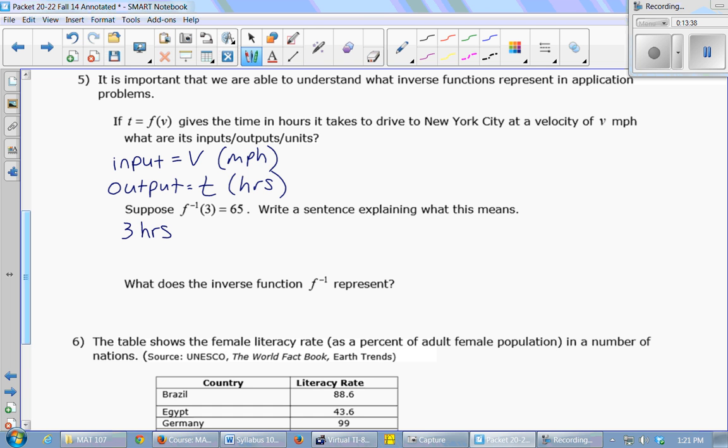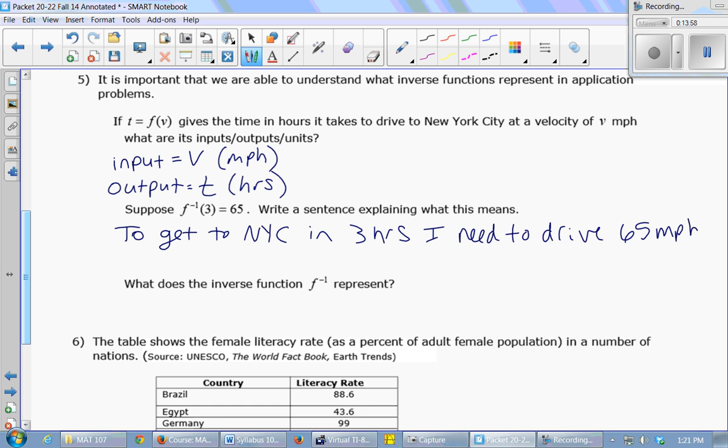If I read this left to right, it says that to get there in 3 hours, I need to drive 65 miles per hour. And that 65 is an output of the inverse function, which means it was an input of the original function, so it's a speed.